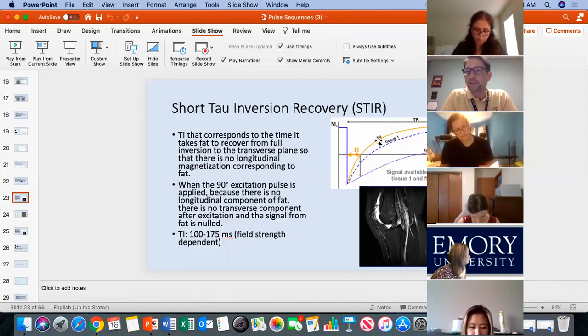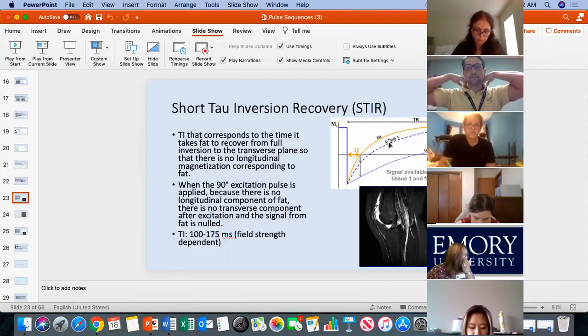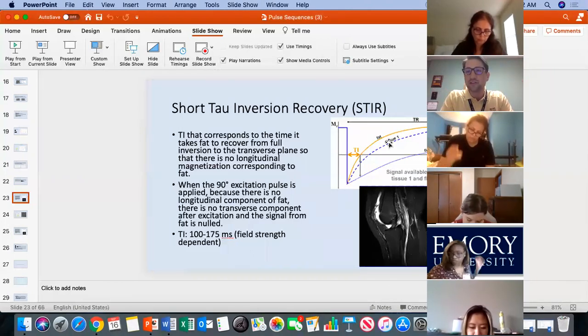And we know that certain tissues recover faster than other tissues. And due to the properties of fat, fat recovers usually the fastest over other tissues like the white matter, the gray matter of the brain, CSF fluid, pus, pretty much everything. Fat recovers the fastest because it gives off a lot of energy to the lattice.